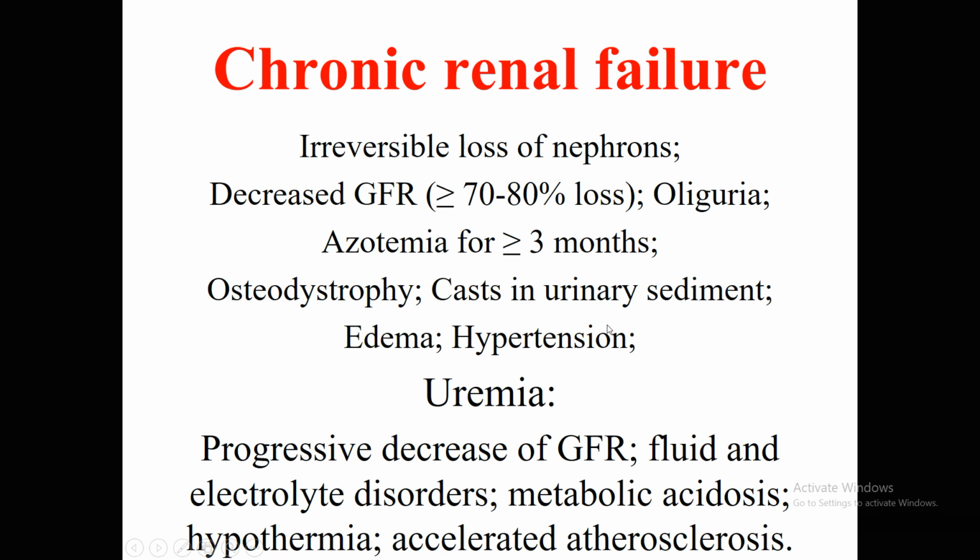Clinical manifestations of chronic renal failure include oliguria. This is due to the decreased glomerular filtration rate, and azotemia, increased level in the blood of blood urea nitrogen and creatinine. The duration of this increase for 3 or more months is a sign of chronic renal failure.